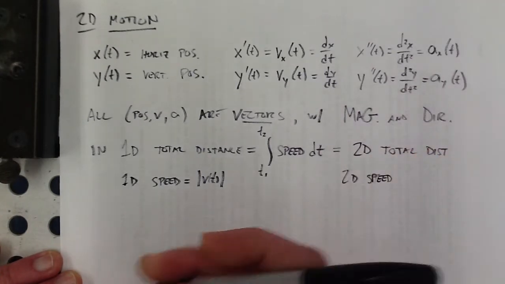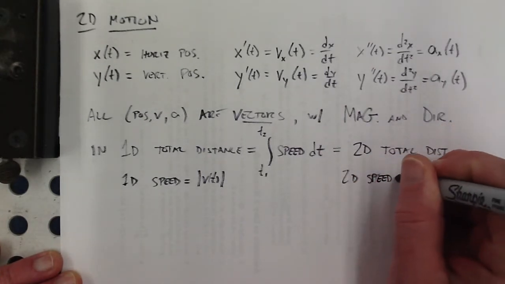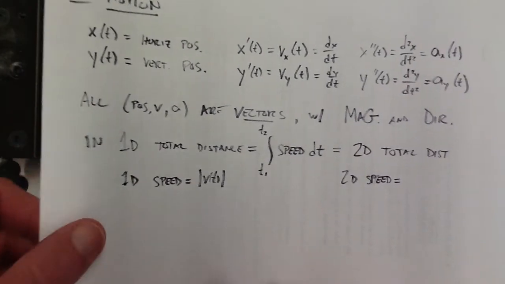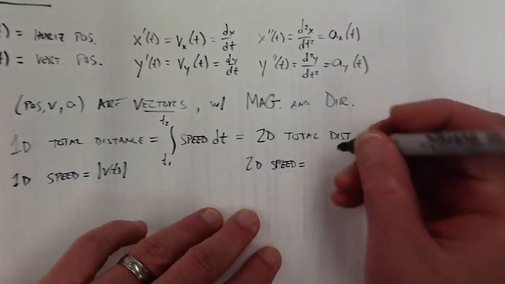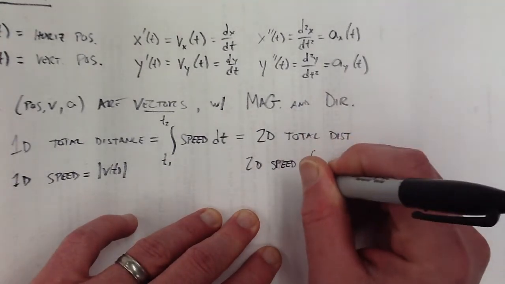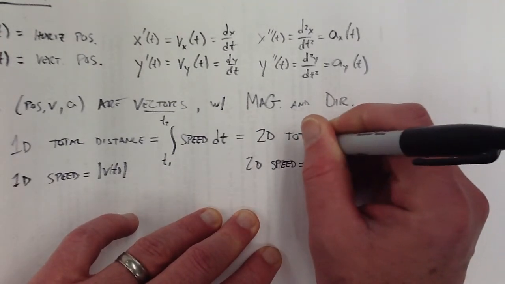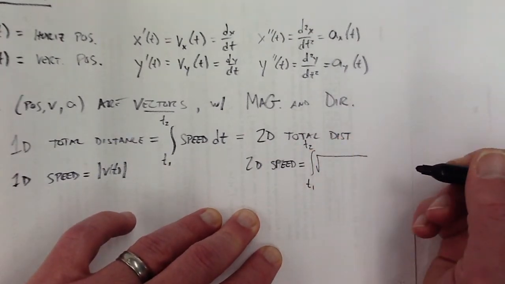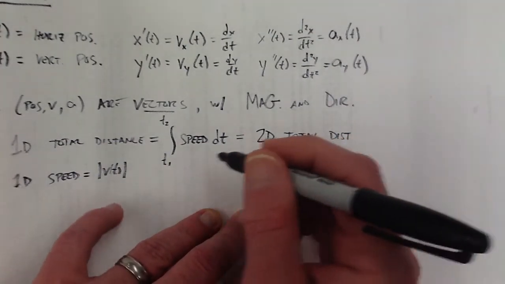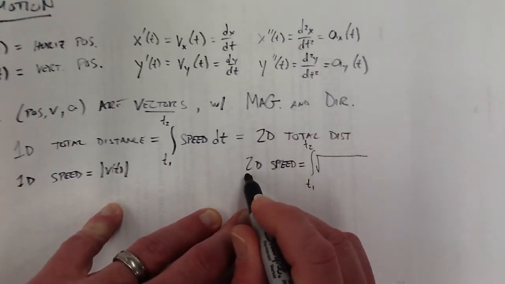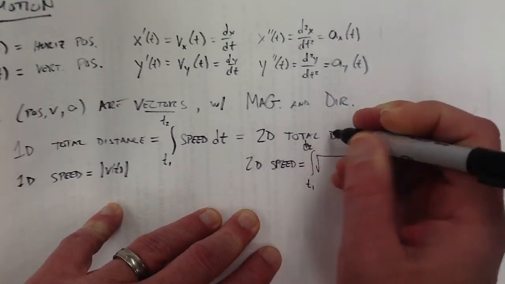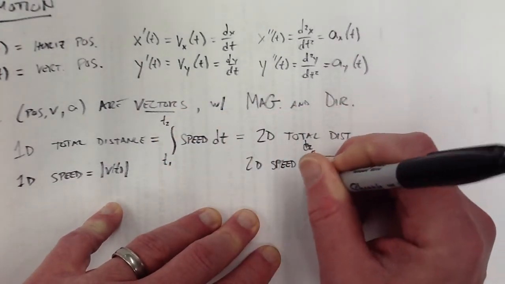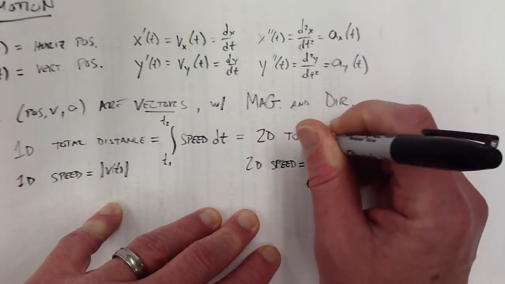My poor Sharpie is dying here. So 2D speed is equal to, oh, whoops. I'm actually rewriting the expression for total distance there, which is not what I meant to do.